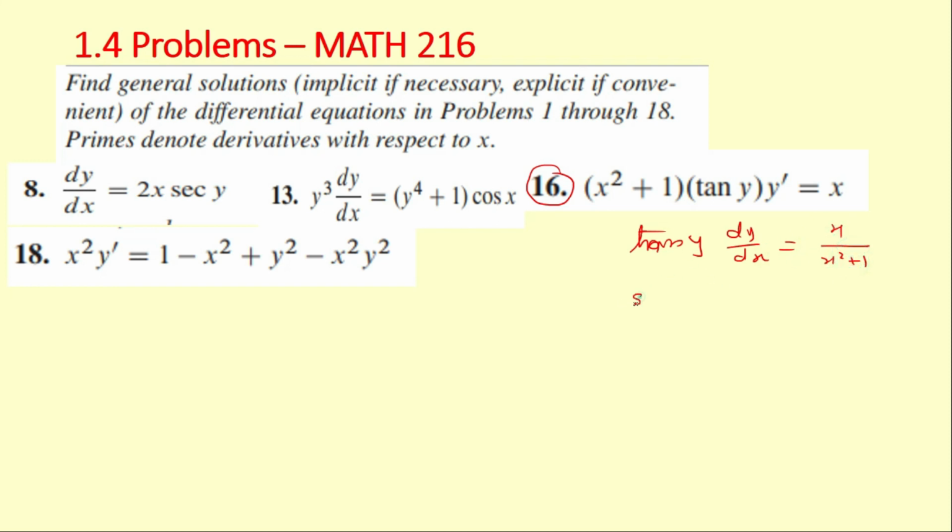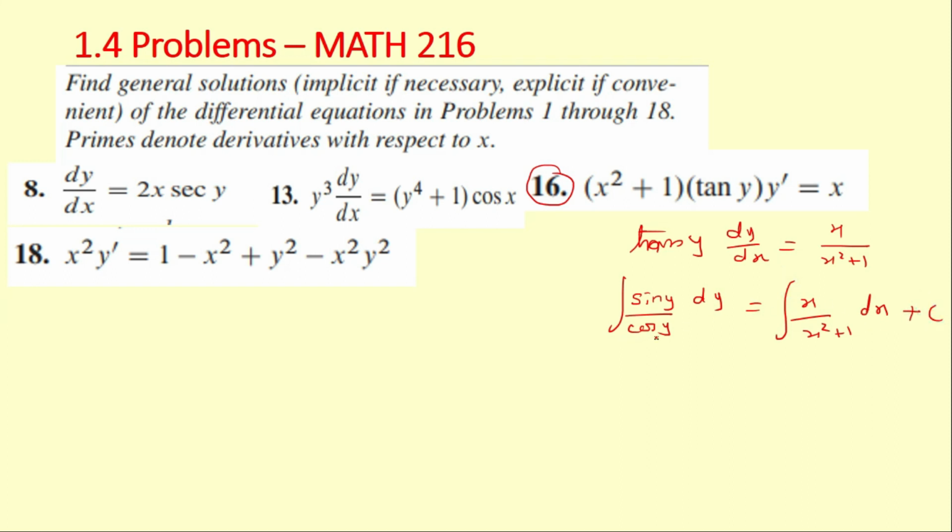Now tan y is sin y over cosine y. You must know the direct integration of tan y, but this is also good. We integrate on both sides, x over x squared plus 1 dx, by the variable separable method. Okay, there must be an integration constant.